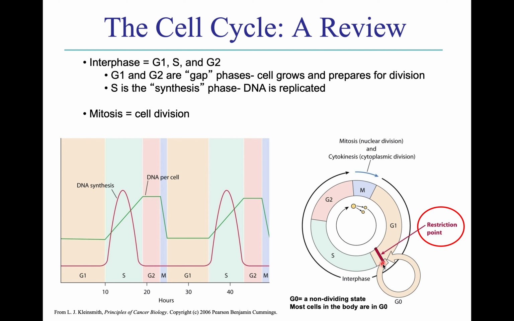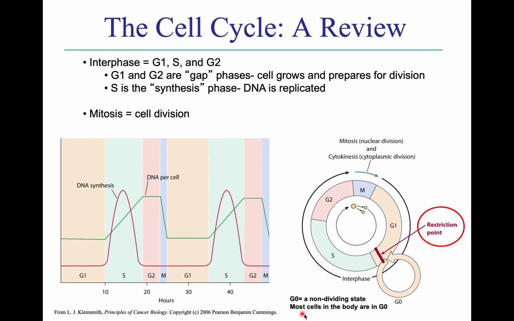And sometimes that signal may be as a result of some internal bookkeeping, right? We want to make sure we have the right number of chromosomes, or make sure the DNA is not irreversibly mutated, or there's lots of different possibilities there. But at this restriction point, it's actually possible for the cell to exit the cell cycle and enter what's called the G0 non-dividing state.